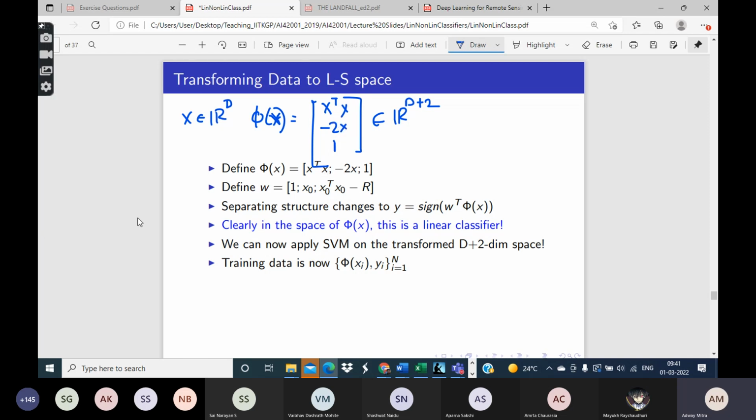Okay. Similarly, I define w as 1, x naught, which is the center of the circle, and x naught transpose x naught minus r. Now if I write w transpose phi x, then what do I get?